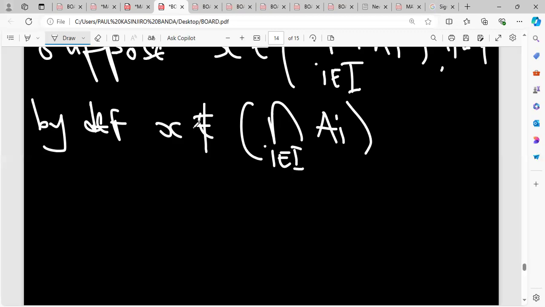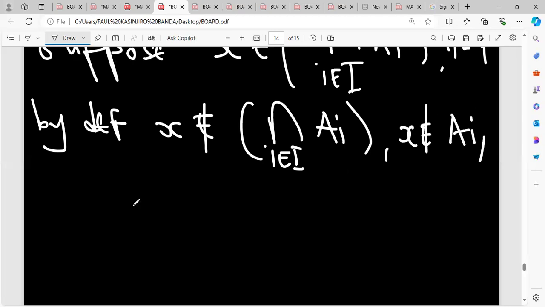So if we have found here that X is not a member of this set, which is the intersection, then we start with the simple stuff. It means that X is not a member of this A_I.